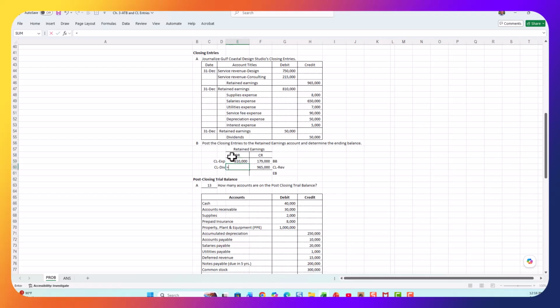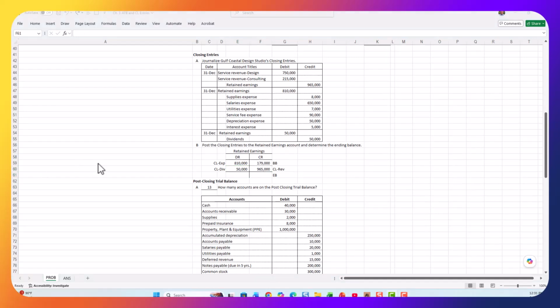The third entry transfers the dividend amount of $50,000 to the debit side. The temporary accounts are zeroed out and their net effect flows into retained earnings. For the first and only time all year, retained earnings has changed.